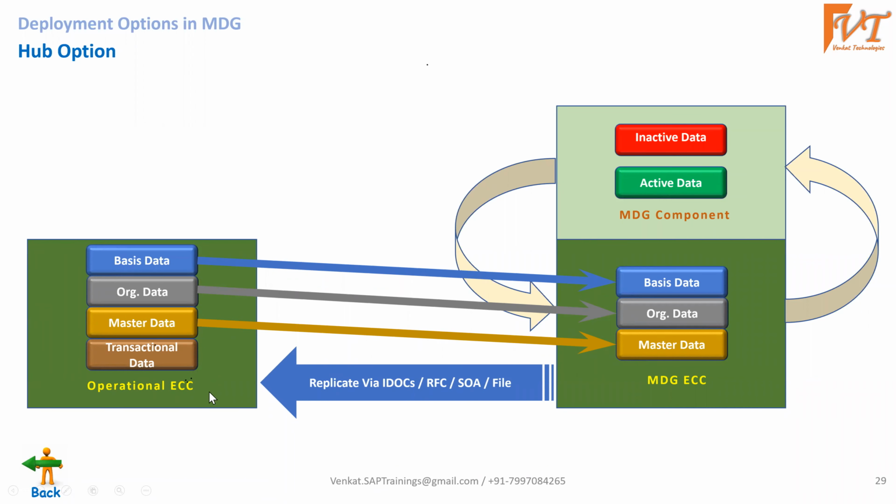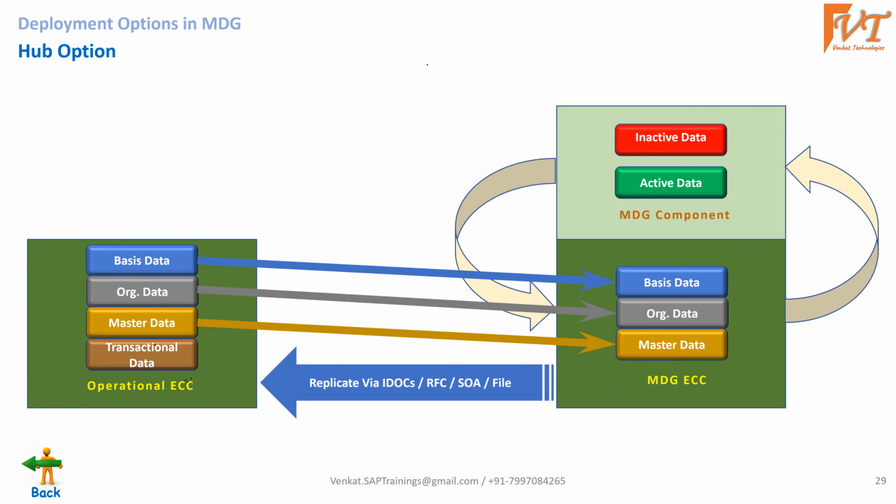These transactional systems can be one or many. Mostly if they are going for a hub mode, it will be more than one, definitely. So this is the hub scenario. Is it clear for everyone? The core difference between hub and co-deployment?